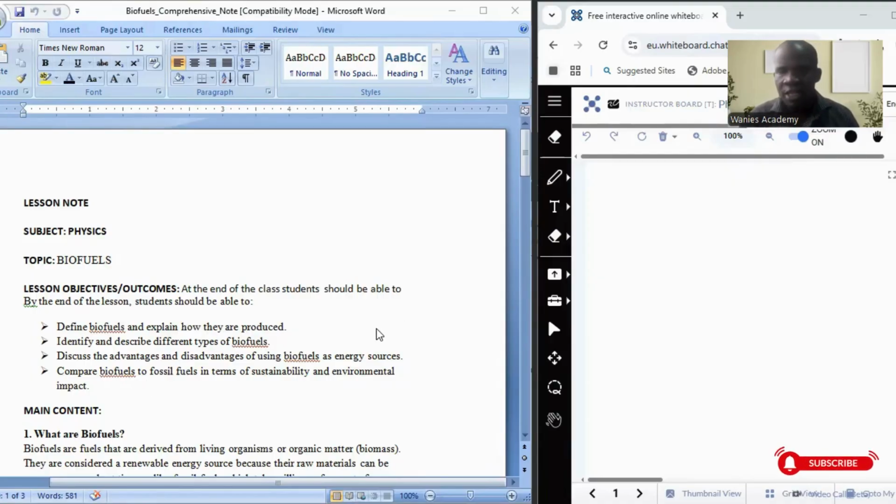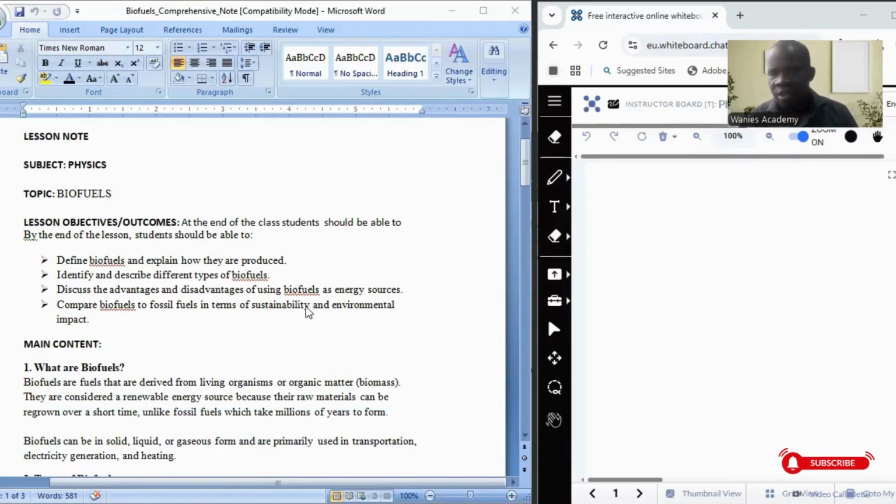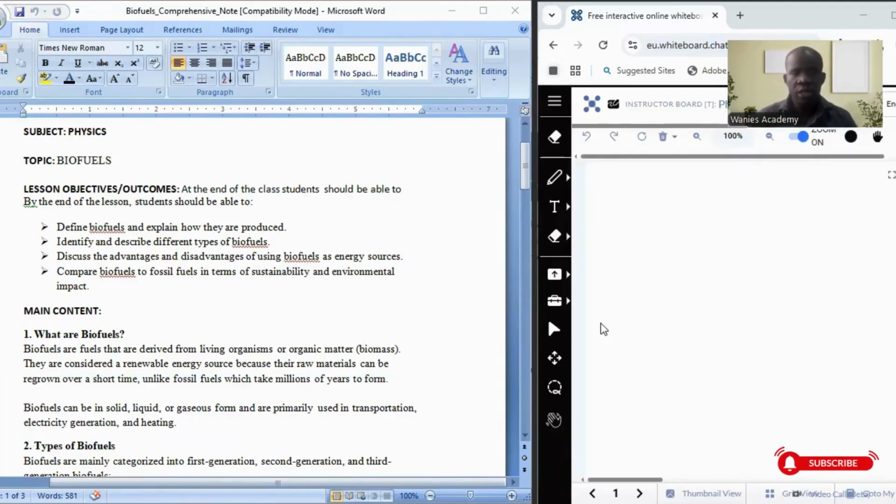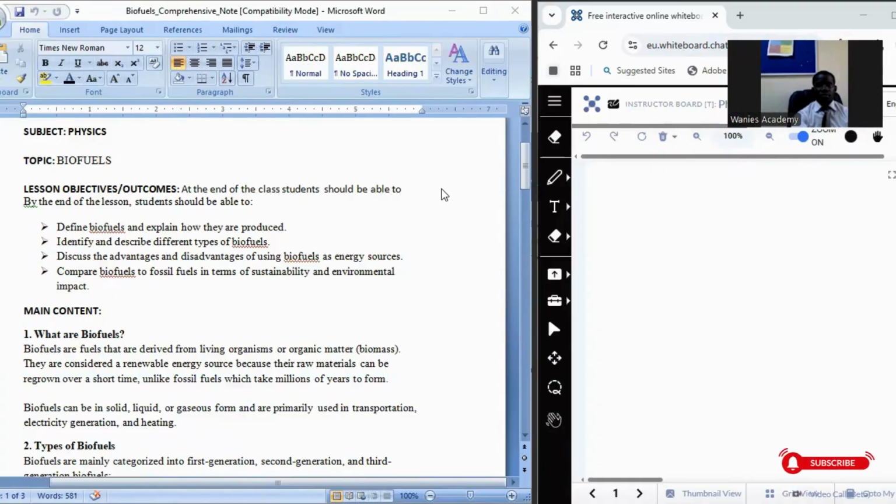So now let's look at the first part of the lesson, which is to define biofuel. For us to know what biofuel is all about is very, very important. Biofuels are fuels that are derived from living organisms or organic matter.